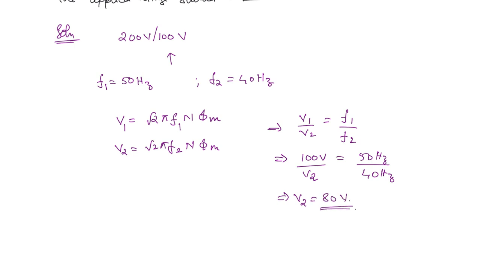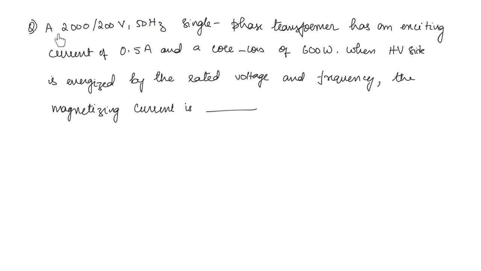This is the answer. A 2000 by 200 volt 50 Hz single phase transformer has an exciting current of 0.5 amperes and a core loss of 600 watts. When the HV side is energized by the rated voltage and frequency, the magnetizing current is. So we will see how to do this problem. First we will write down the given information.